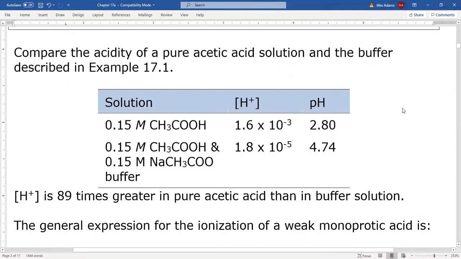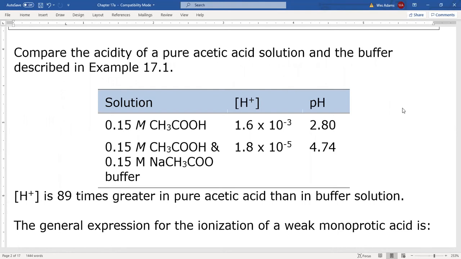So if we look at that result and compare it to the 0.15 molar acetic acid that we worked in our previous video, we find that the 0.15 molar acetic acid is 1.6 times 10 to the negative third molar H plus, and a pH of 2.80.